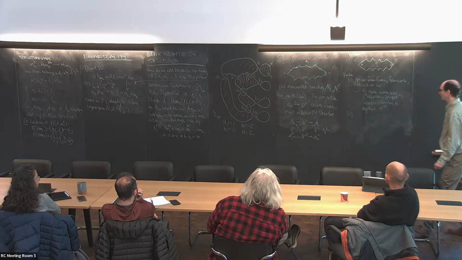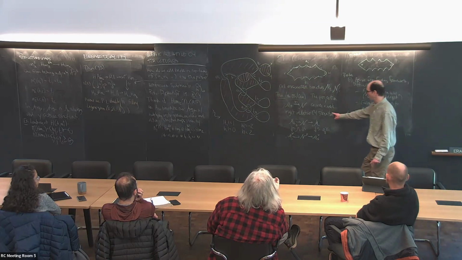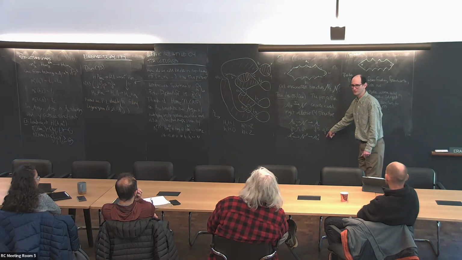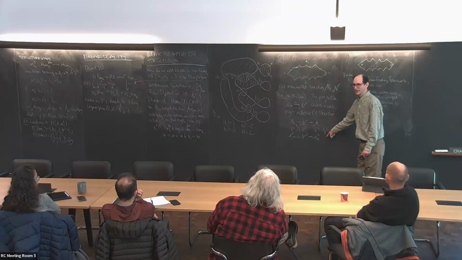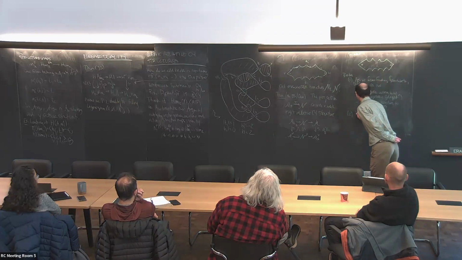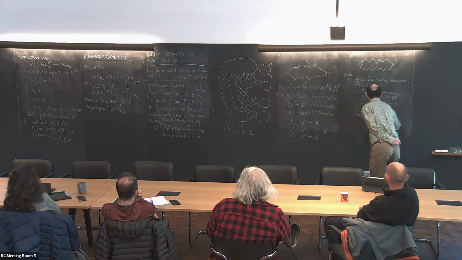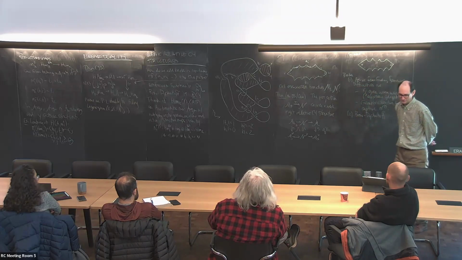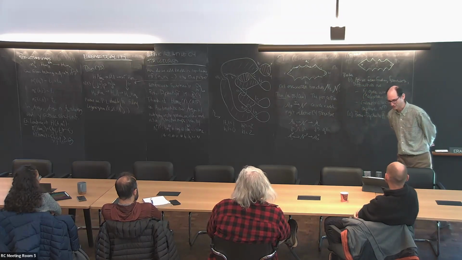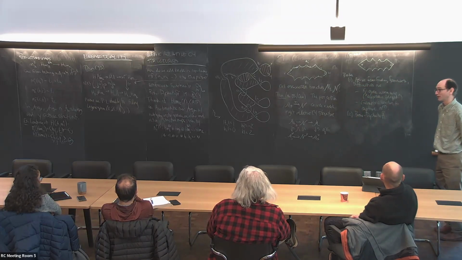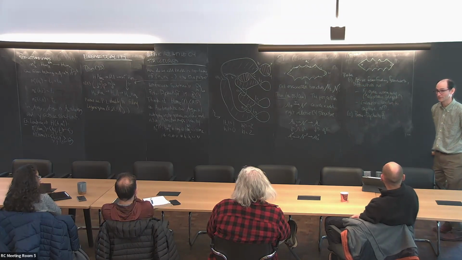The second thing is that this isn't really how Brav and Dyckerhoff formulate the weak relative Calabi-Yau structure. They would formulate it actually as a class in the Hochschild homology of the underlying A-infinity bimodule.